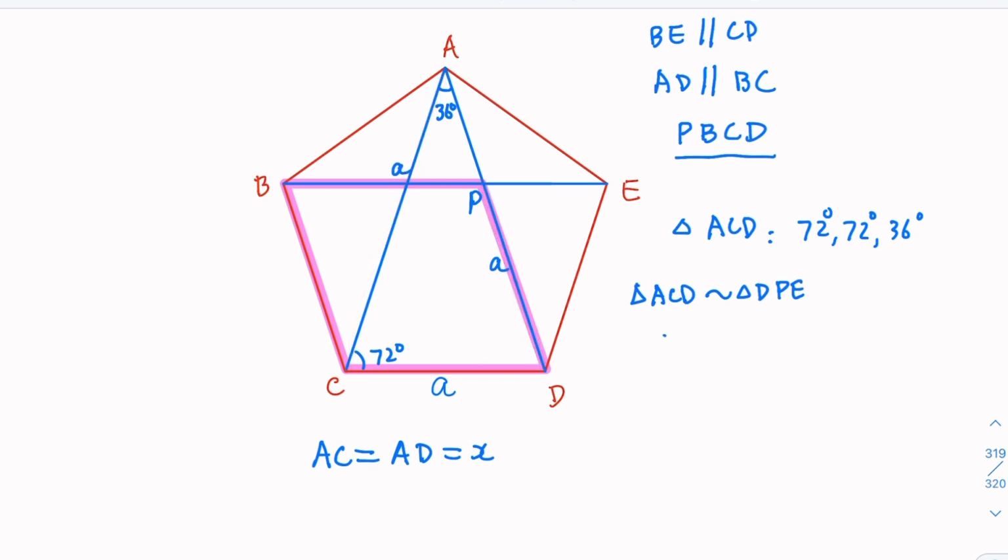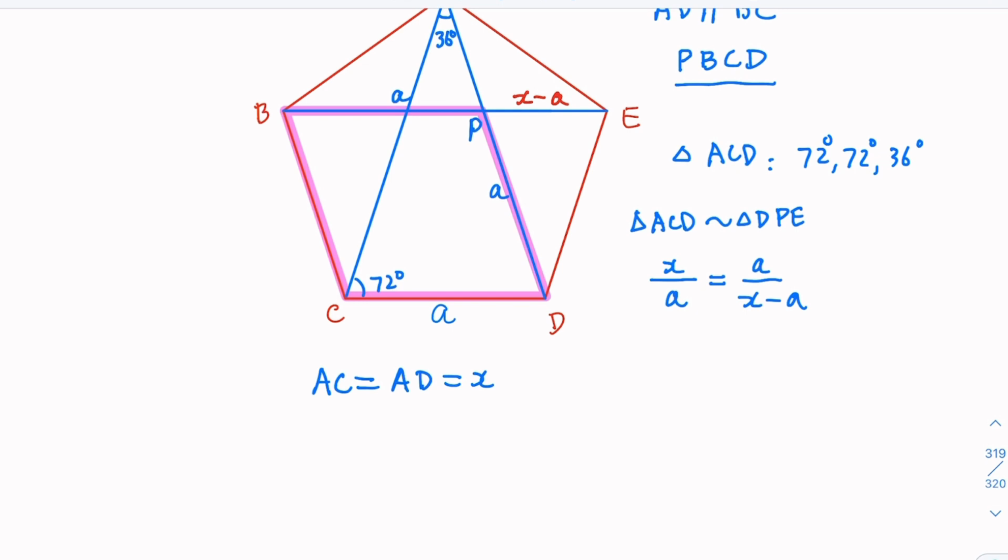So we have X over A is going to equal to, side length here is A. This side length is, special value here is the X minus A. So equal A over X minus A. This is X minus A. Let's say if A equal to 1, set A equal to 1, what you have is the ratio, X would equal 1 over X minus 1.